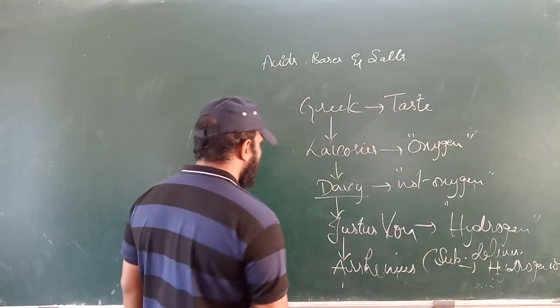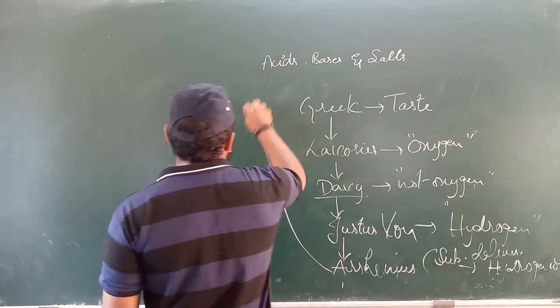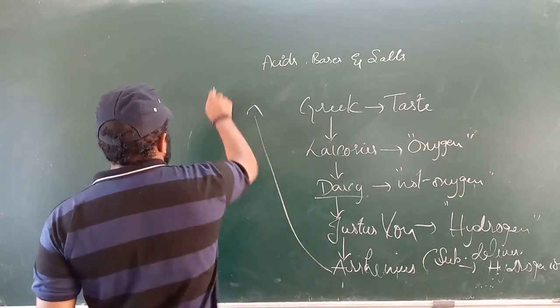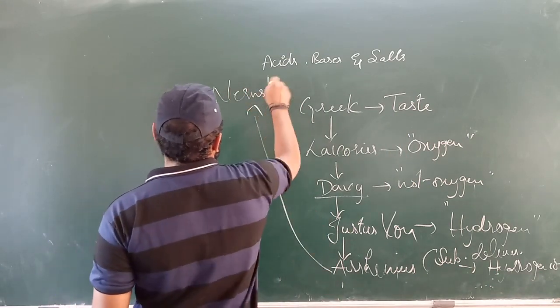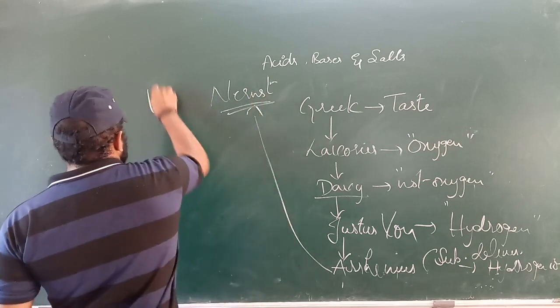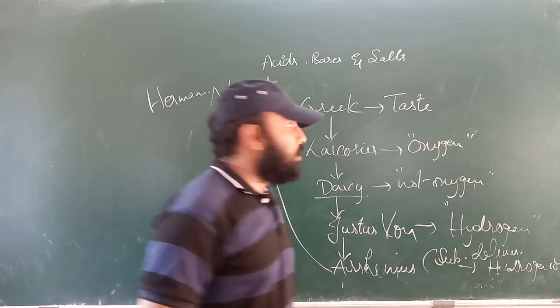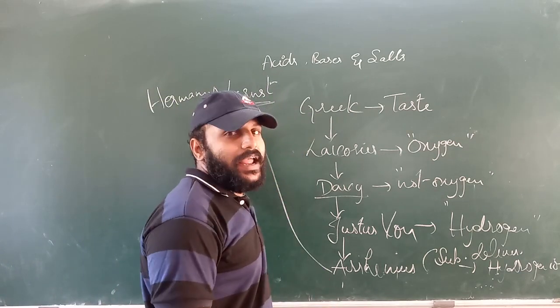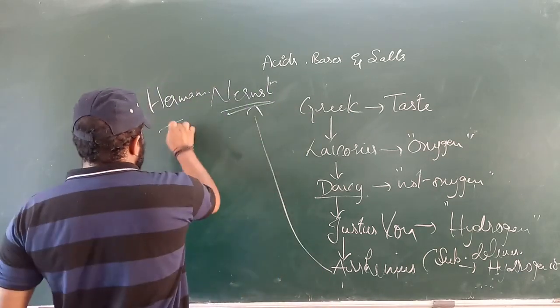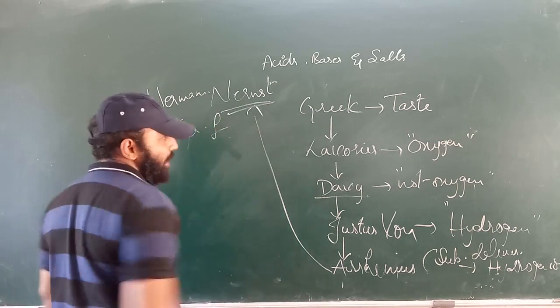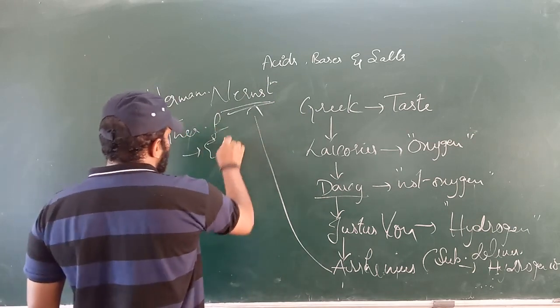After that, who came? There comes the other scientist, Hermann Nernst. What did Hermann Nernst say? He made a theoretical foundation based on the use of electrodes.